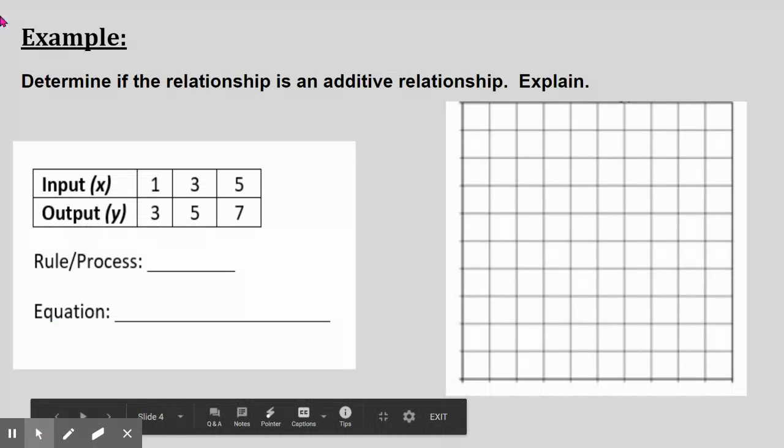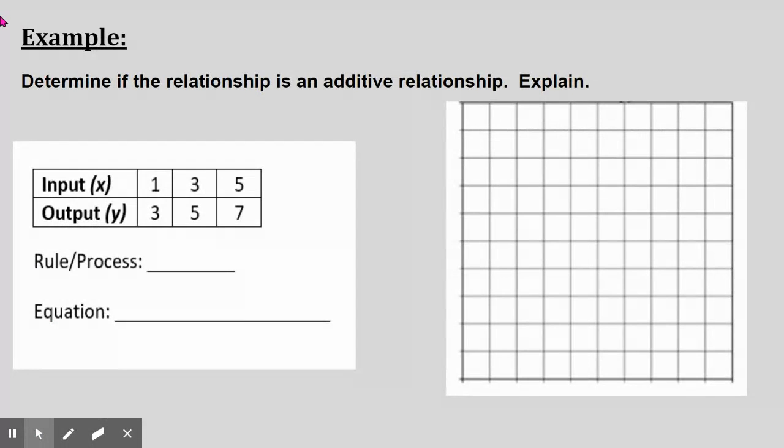So here's an example. We want to determine if the relationship is an additive relationship. So when we have a table like this, something to note, whatever's on top is going to be your independent variable. So I want to ask myself, how do I get from x to y? What is happening here? Well, there are two ways I can get from 1 to 3.